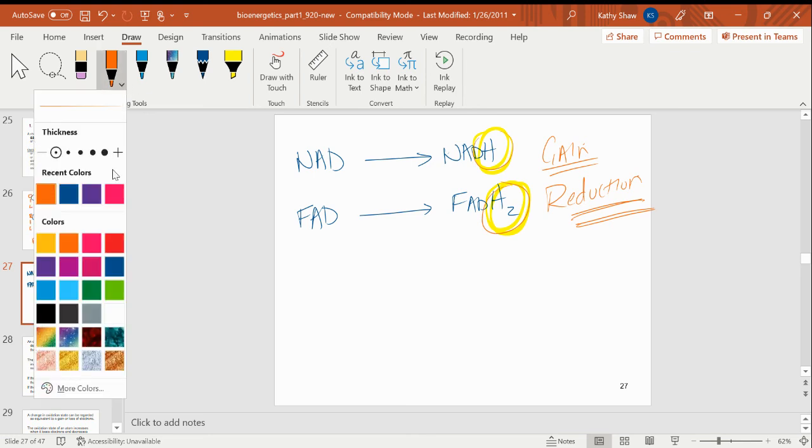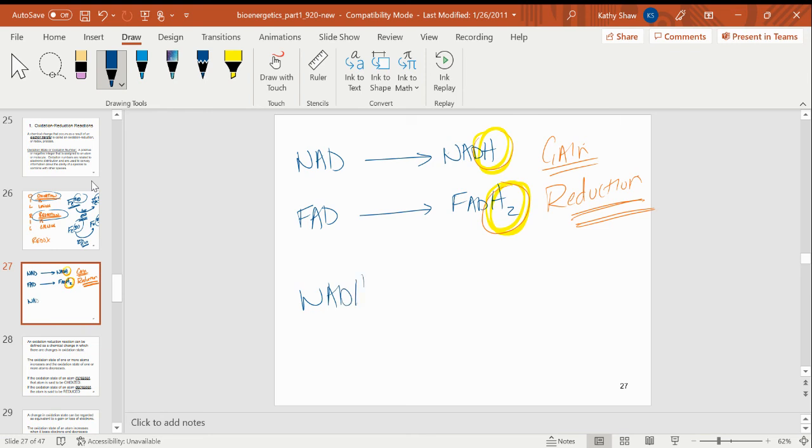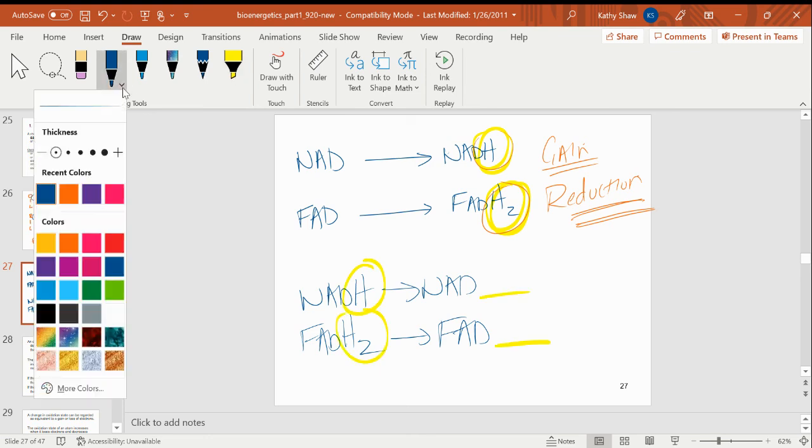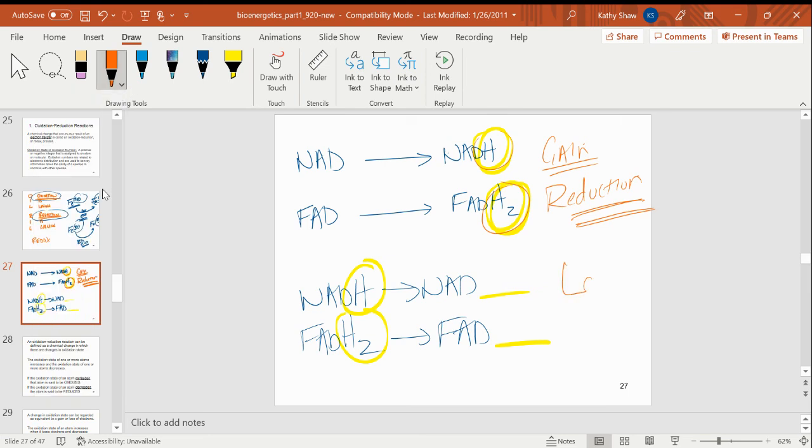I can also go the other way around. I can go from NADH to NAD. I can go from FADH2 to FAD. Well, chase my H's. Where are my hydrogens? Here it is, gone. Here it is, gone. So I lost my electrons.